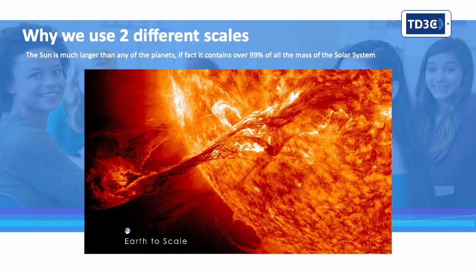And they will now ask you, why do we need to use 2 different scales? One scale if we are representing the comparison of the size between the Earth and the sun, and another scale if we are comparing the distances in the solar system.